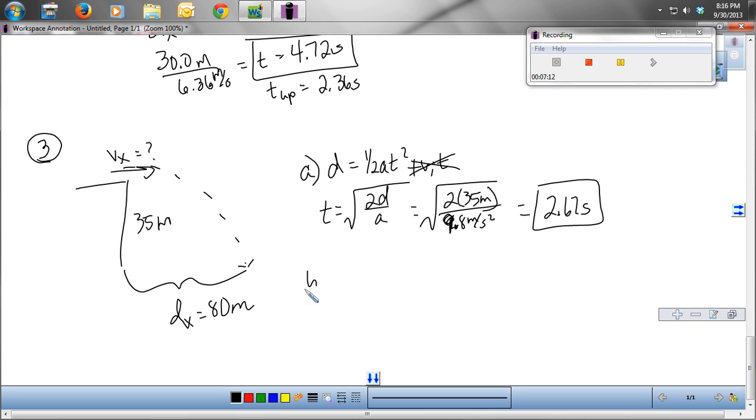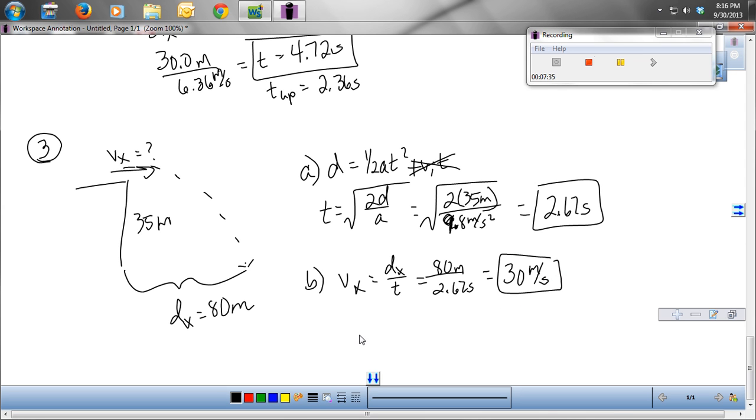And then B said, what is Vx? Well, Vx is equal to dx over t. Dx was 80 meters. T was 2.67 seconds. So when I took 80 and divided it by 2.67, I got my Vx to be 30 meters per second.